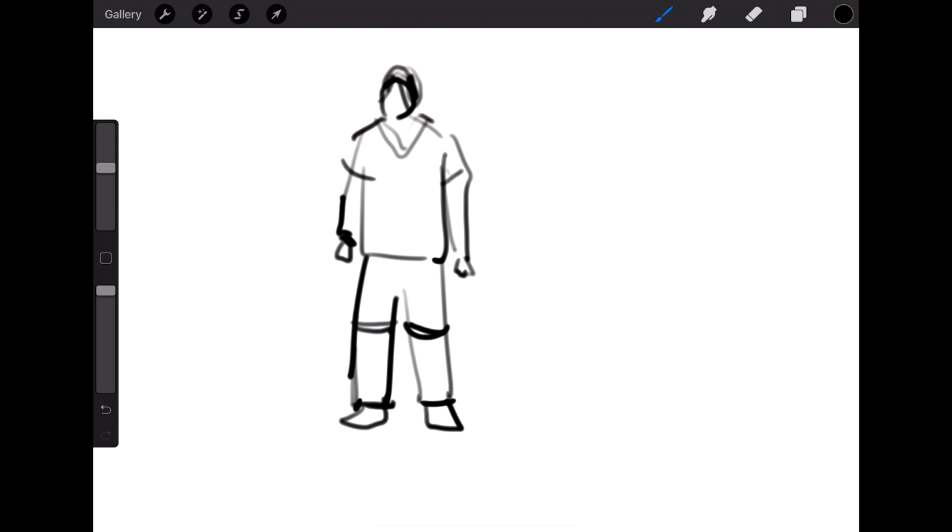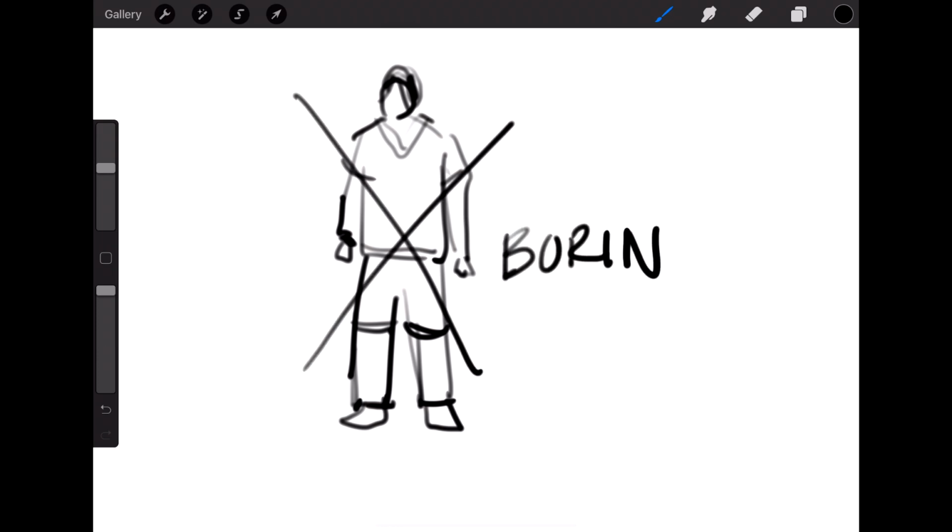But actually, it is rather boring, because there's no sense of dynamic in it. All it is is just a person standing in a robotic way.